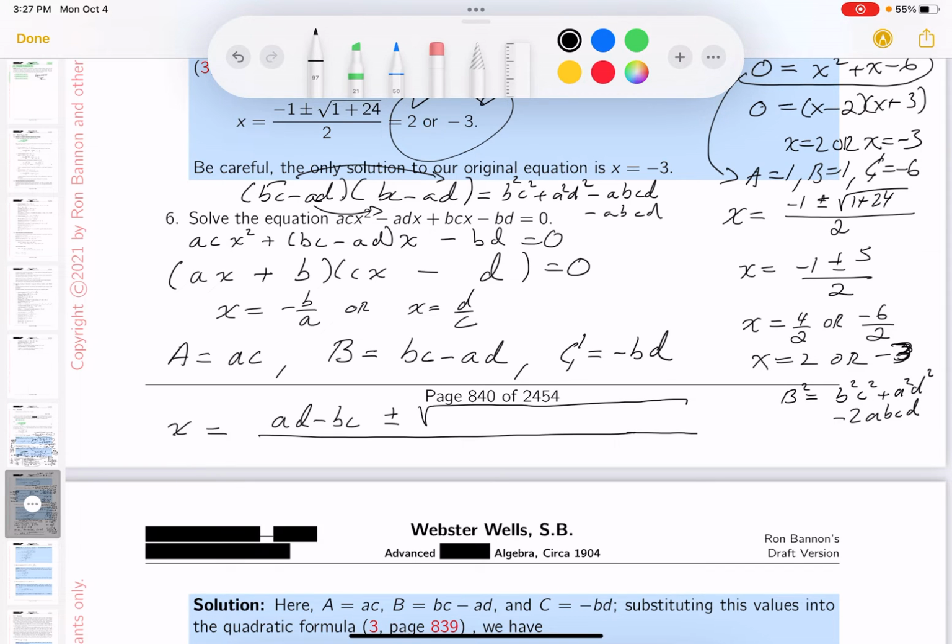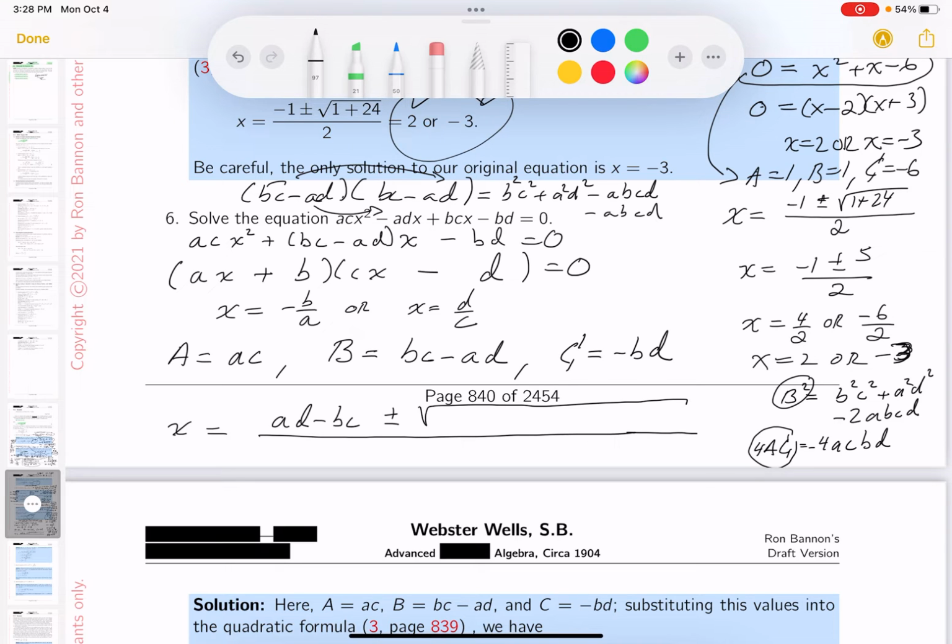All right, next thing I've got to do is 4AC. Well, 4 times A times C, so I'm going to put a minus sign over here, and that would be BD. Well, I have the B squared minus this thing. And what would that give me? That's pretty simple.